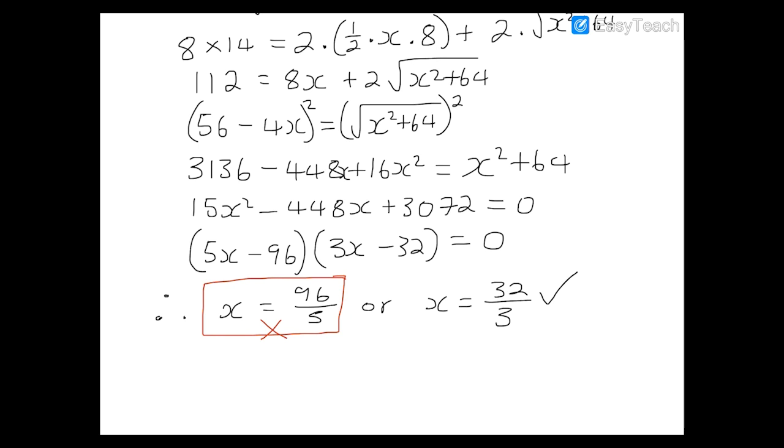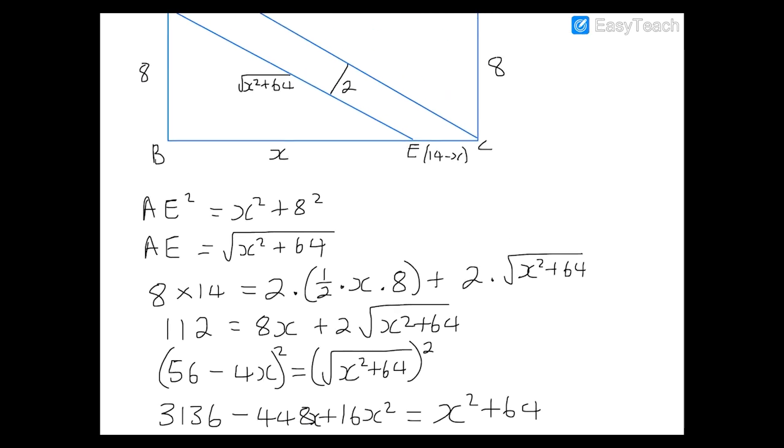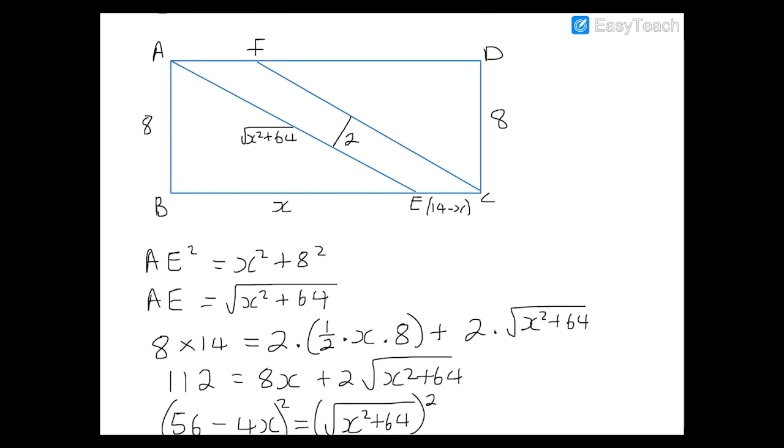Now, the question says determine the maximum area of the strip. And we know that the strip is a parallelogram. So the area of the strip will be equal to base multiplied by the perpendicular height. We find our value of x, so our base here is 14 minus x.